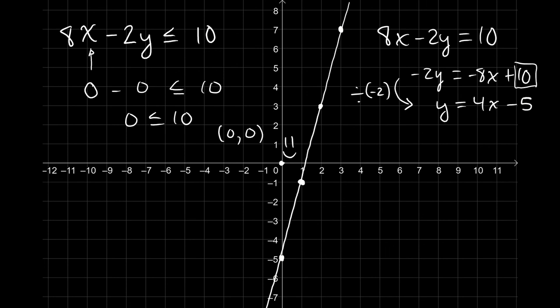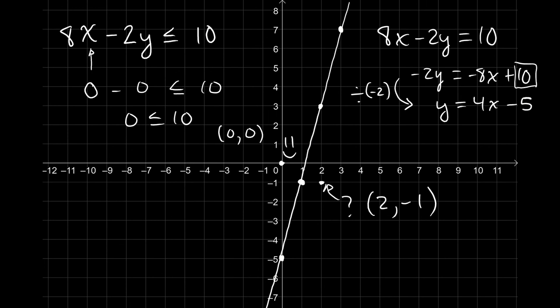Now, you see me make mistakes often, so one of the things I might do is test a point that's below the curve. I could test the point x is 2, y is negative 1.